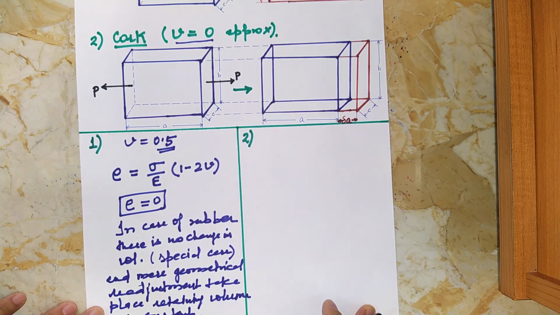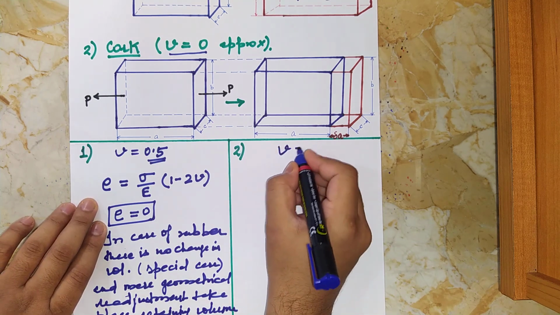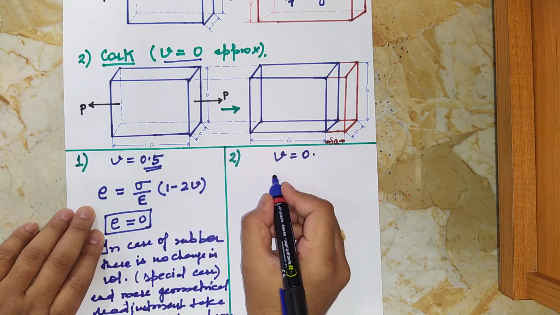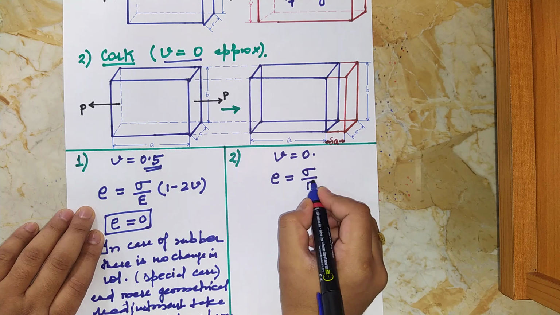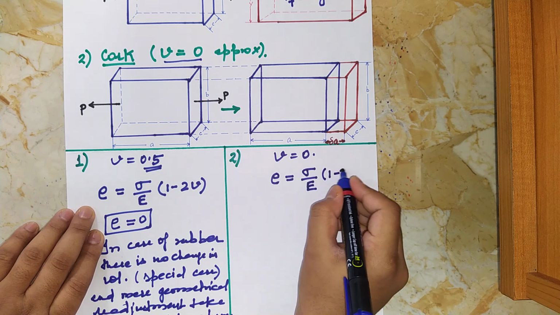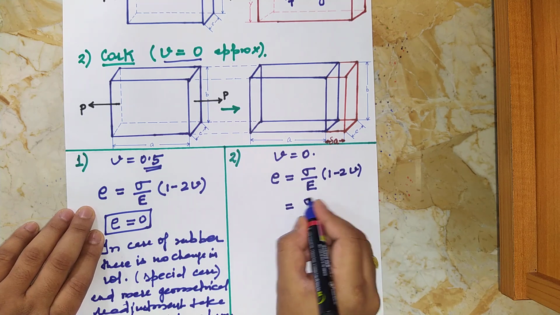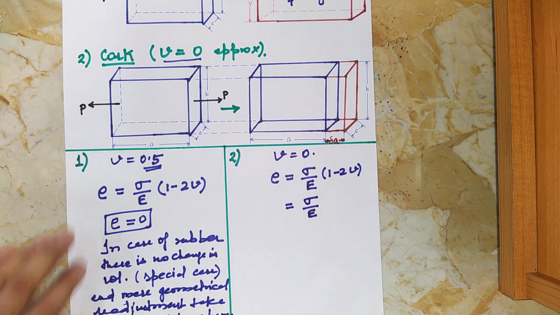We'll take a second case of a cork, okay, wherein Poisson's ratio is 0. So let us put in the dilation formula: e is equal to sigma by E into (1 minus 2 nu), which is equal to sigma by E into 1, because nu becomes 0.